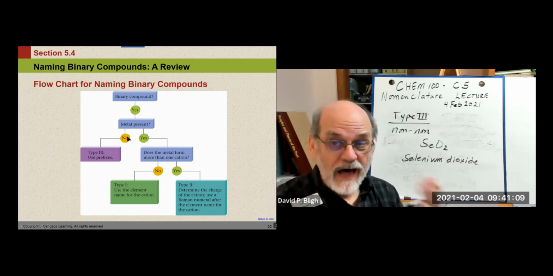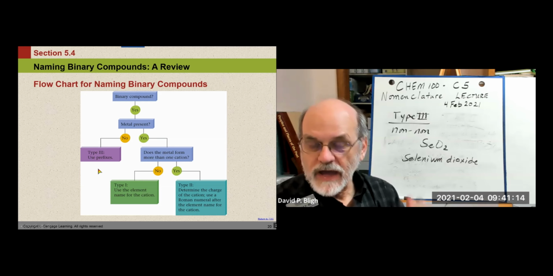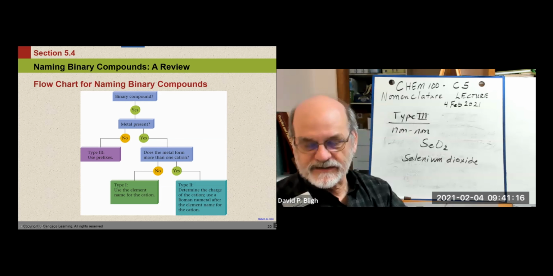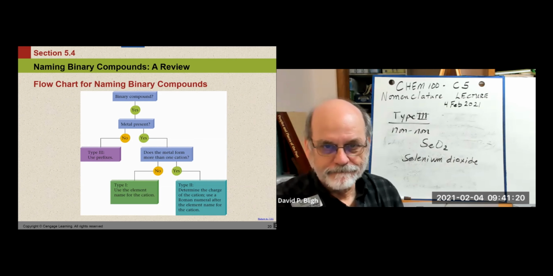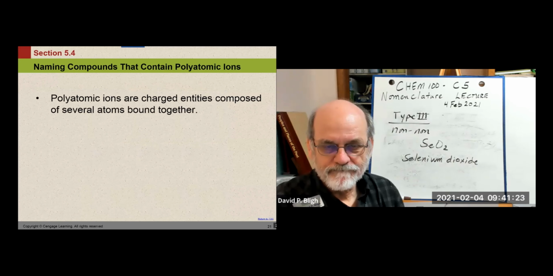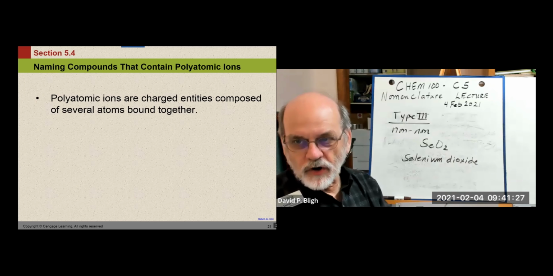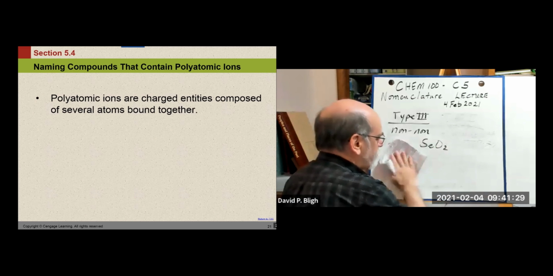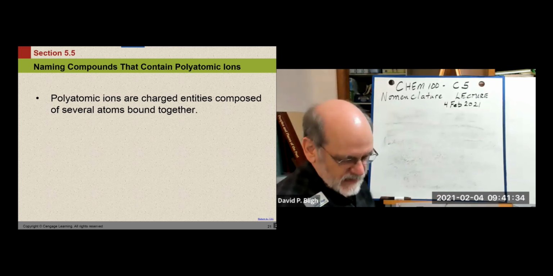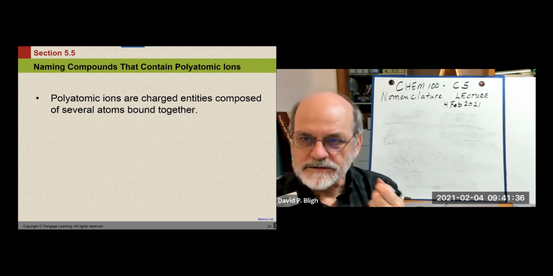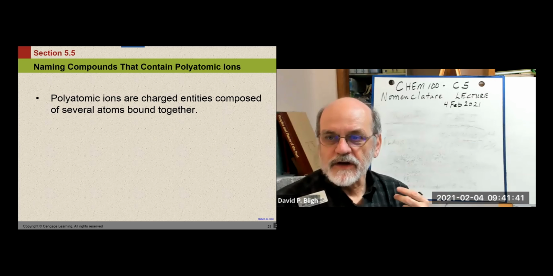And then you can choose between type 1 or 2 and how you name it. If they're both nonmetals, then it's automatically type 3. And you have to use the Greek prefixes to say how many are there. All right. Now, if that's not enough, I got another curveball to throw at you. For type 1 and type 2 compounds, there's another possibility.